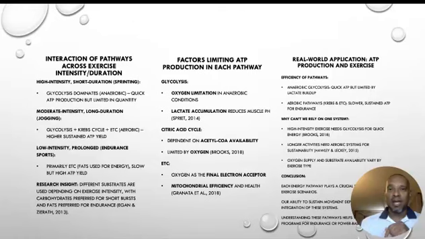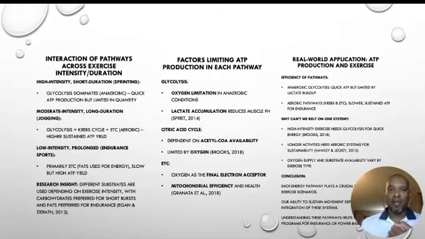Research shows that different substrates are preferred based on exercise intensity: carbohydrates for short bursts, and fat for endurance activities. Each energy pathway from glycolysis to ETC has limiting factors. For example, anaerobic glycolysis is limited by lactate buildup, while aerobic pathways are dependent on oxygen availability and mitochondrial health.